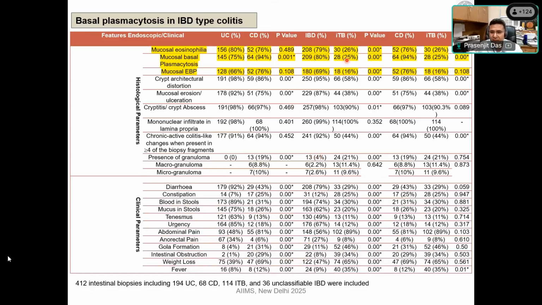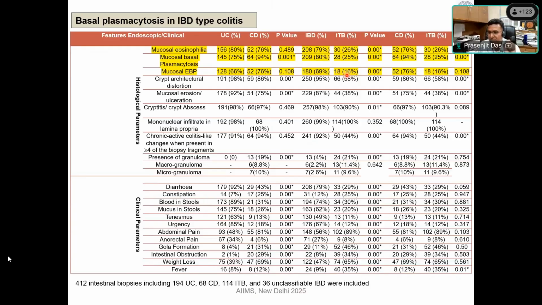And these are our studies. I will show you just to compare between IBD and ITB, and you can see mucosal eobaso is significantly higher in cases of IBD. In some cases of ITB you are seeing it because basal plasmacytosis you have to neglect at only one anatomical site, that is the ileocecal junction.